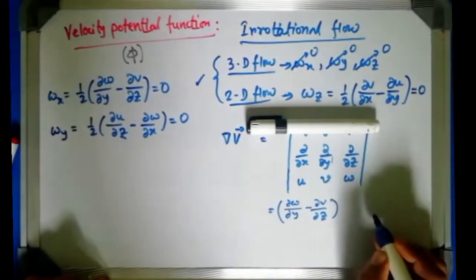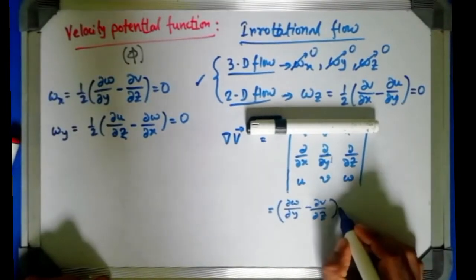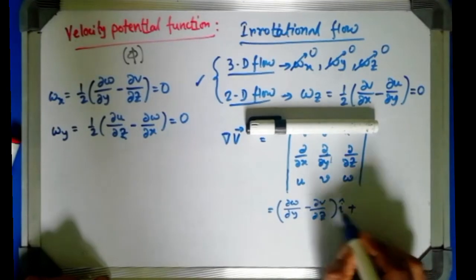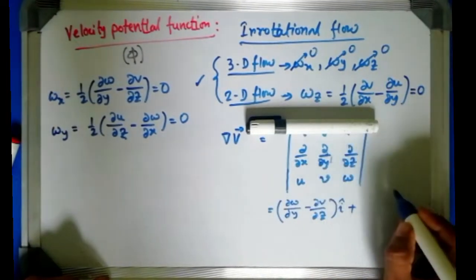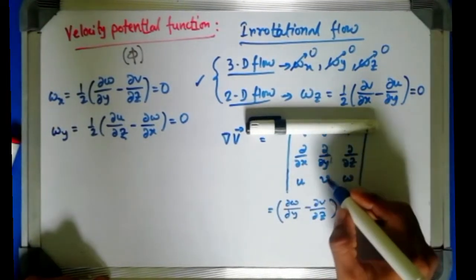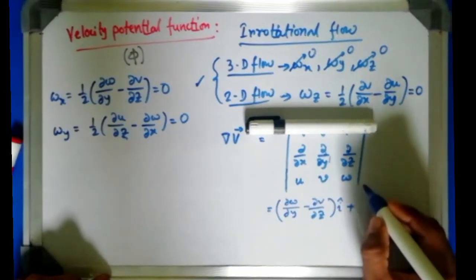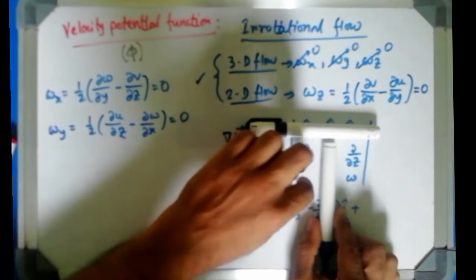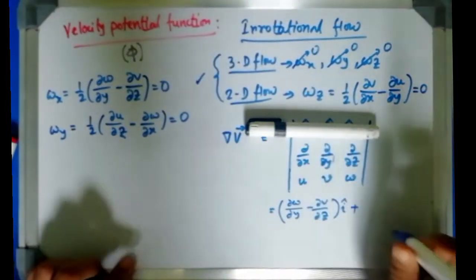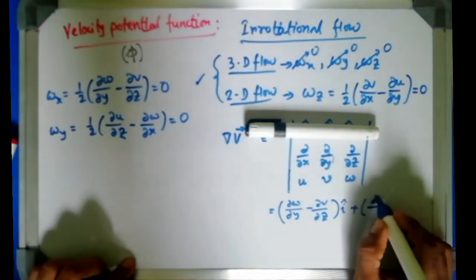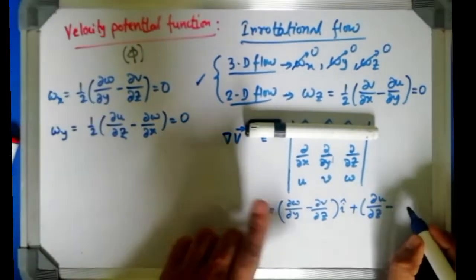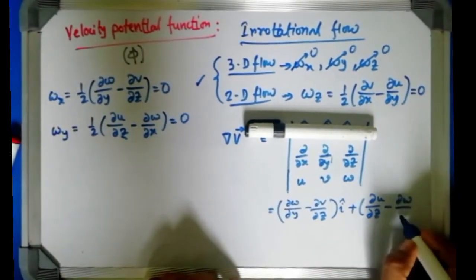Now if we go with the middle column, j should be there. If I put this sign positive, then I have to change the direction of the crosswise multiplication. For the middle column, I should omit these two parts. Then del u del z will come first, del u del z minus del w del x.